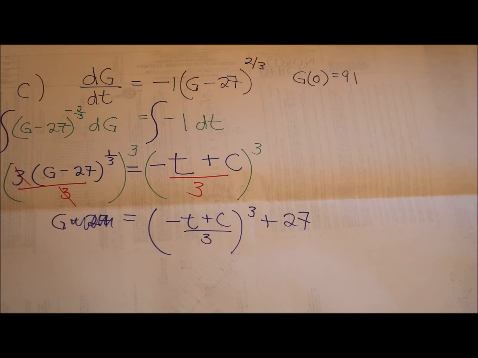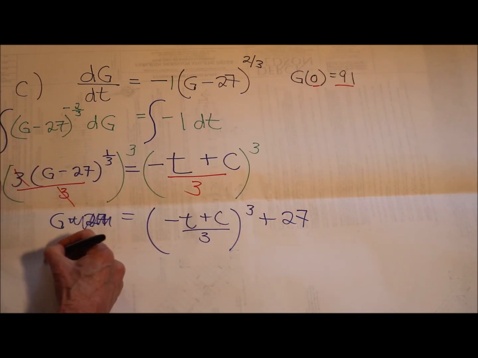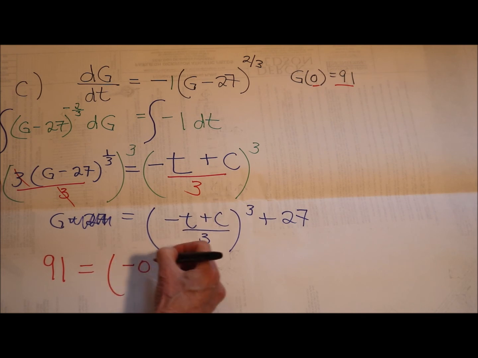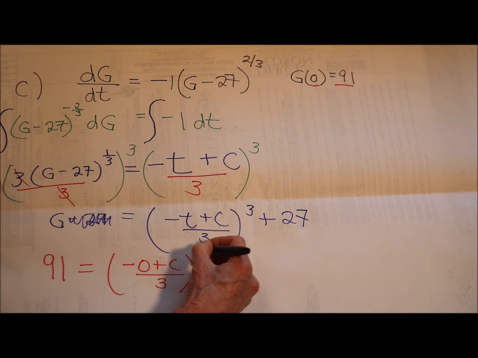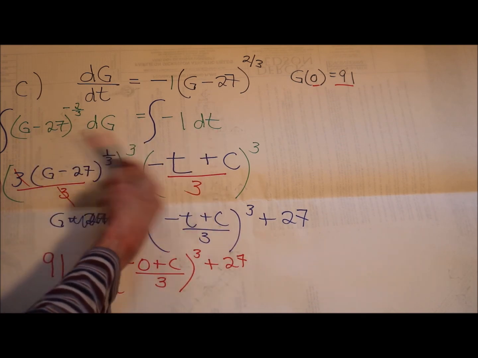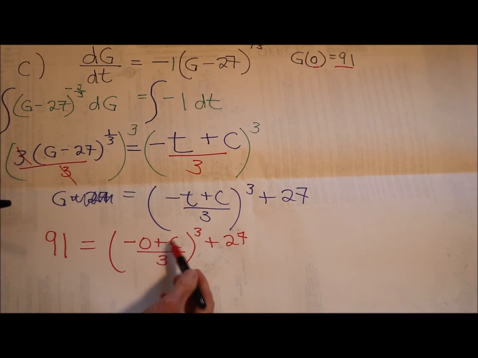Now I'm going to plug in my, let's see, 91 is my g, 0 is t, and I'm going to solve for that c. Again, I think on the rubric, the College Board plugs in and finds c earlier, but this should work.